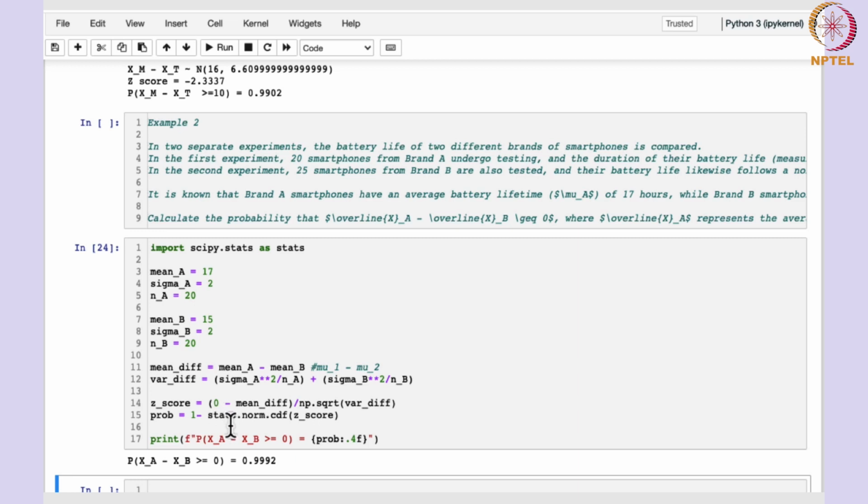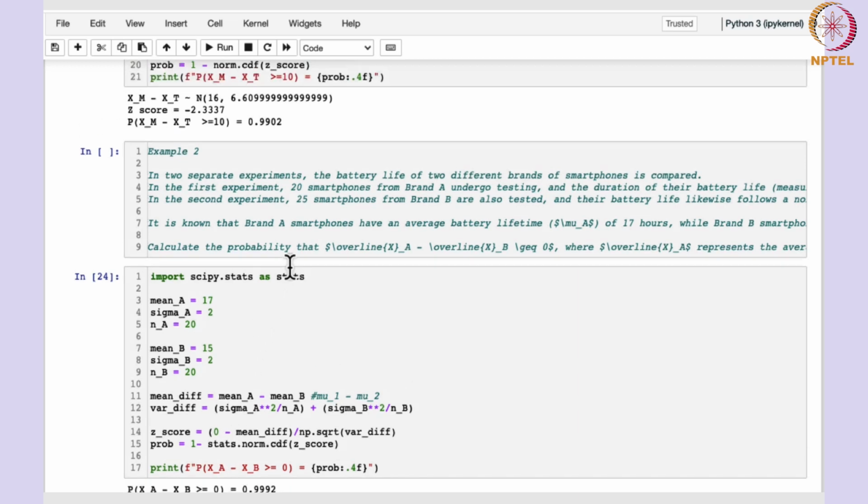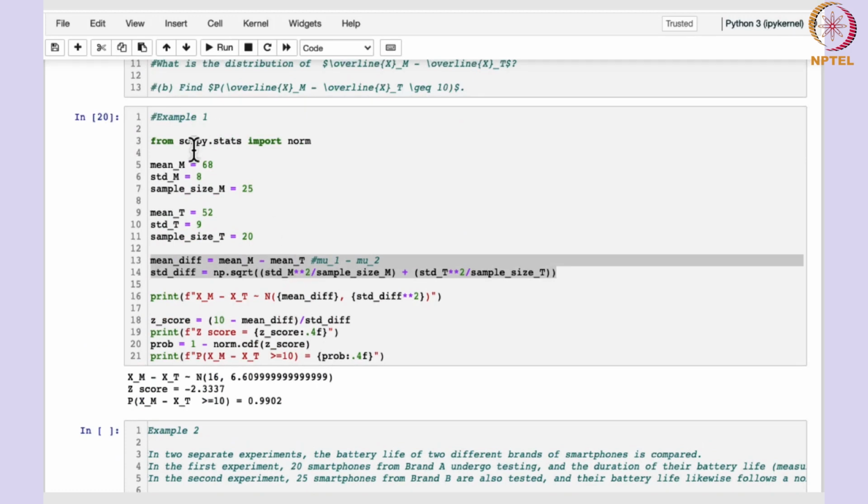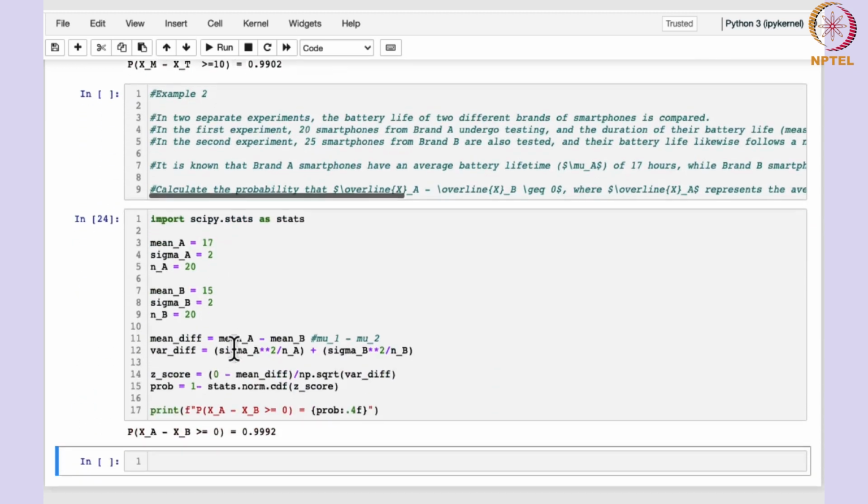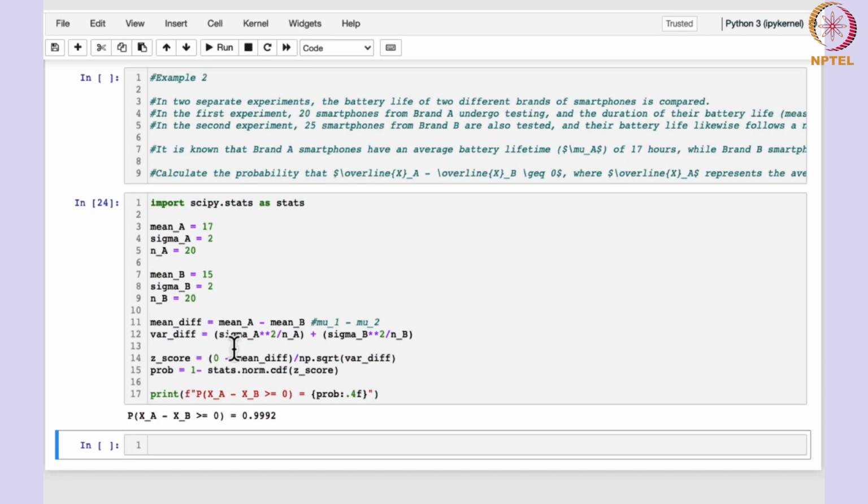Otherwise, if you have imported, as we have mentioned here, from scipy.stats, if you have imported norm, then you can directly write norm over here, as we have done. So you have imported the norm object from the scipy.stats library. So this is the difference. Both are same and correct.